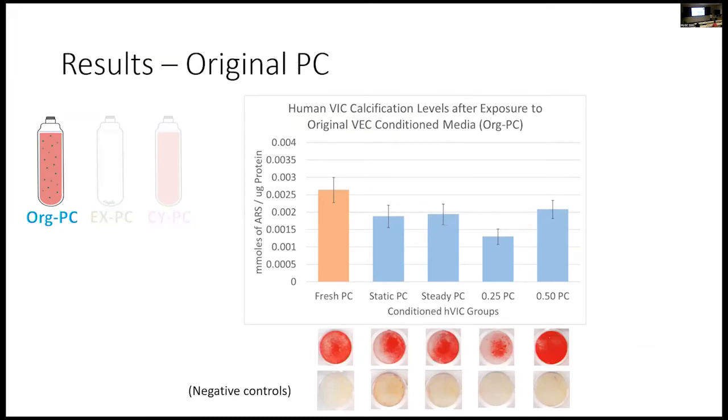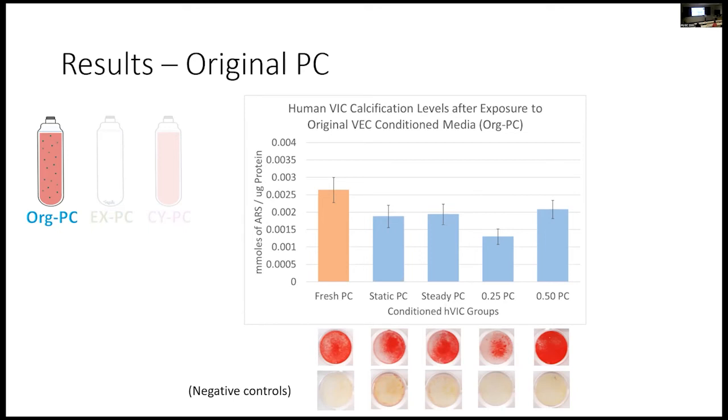So in our first study, with the original pro-calcific VEC conditioned media, we see a decreased amount of calcification in the 0.25 OSI group compared to the fresh media group. And the fresh media here is a positive control where the VICs were exposed to pro-calcific media, but that has no communication with the VICs.